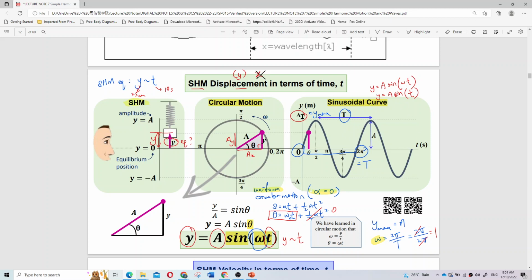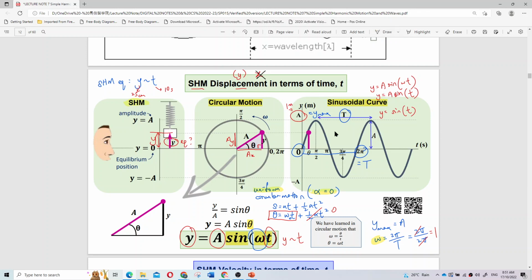And some more, if the amplitude is, let's say, 1 meter, we can put the amplitude as 1, so y equal to sine t, because a equal to 1.